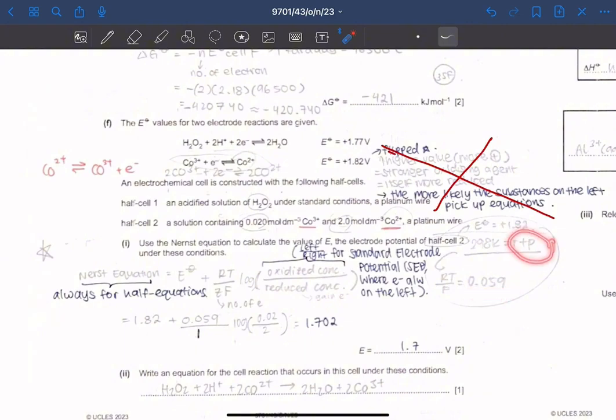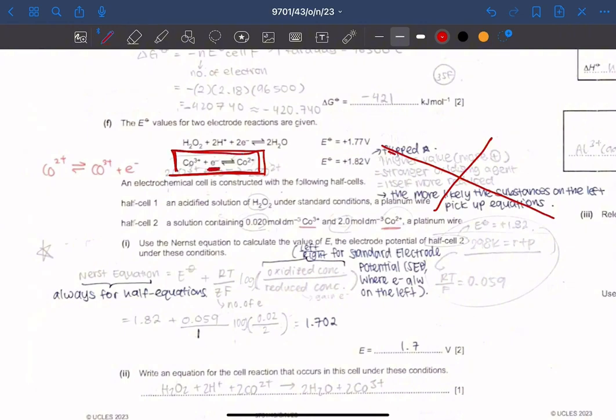So I would replace RT over F with 0.059. And then, rather than focusing on identifying which half reaction is the oxidized and which one undergoes reduction, I would rather use the method of log multiplied by left over right for standard electrode potential, where E minus is always on the left.